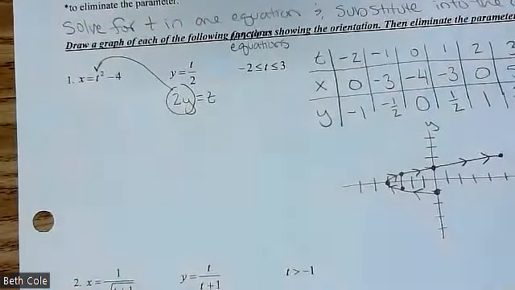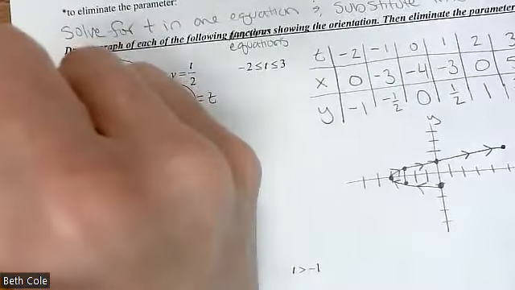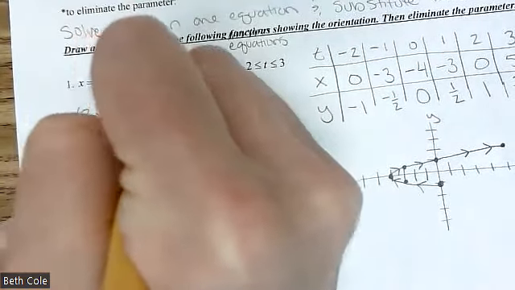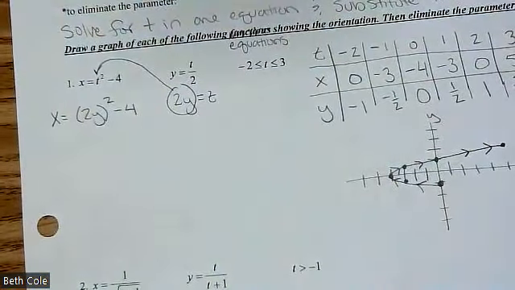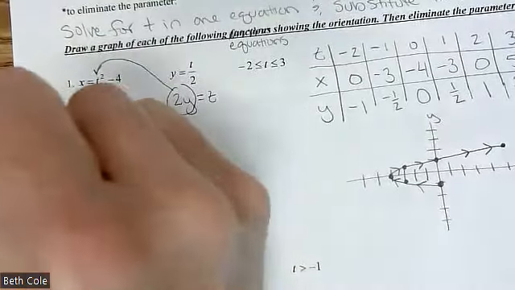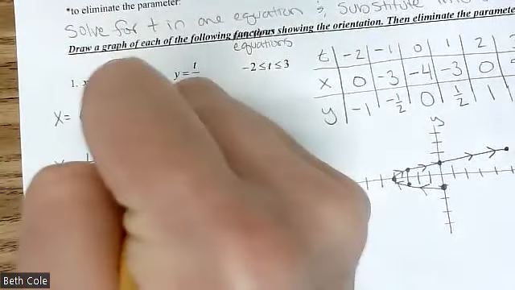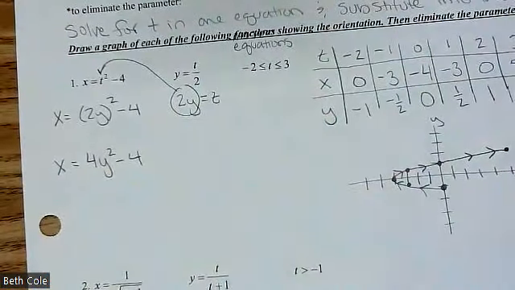You're going to take that, substitute it in for t in the other equation. So it's just some algebra. So you'll have x equals 2y squared minus 4. And then we're just going to square what's in the parentheses there. So what will that give us? 4y squared minus 4.